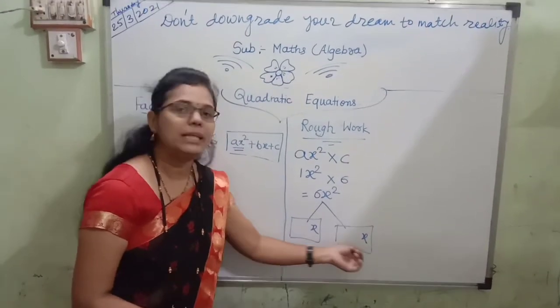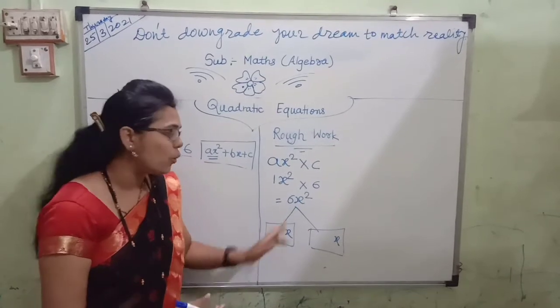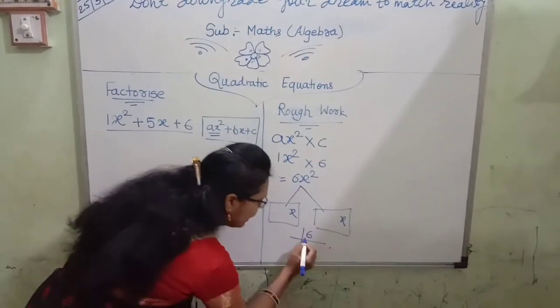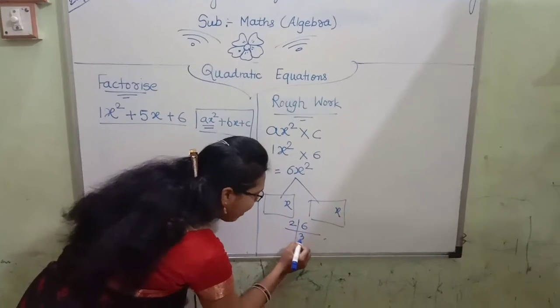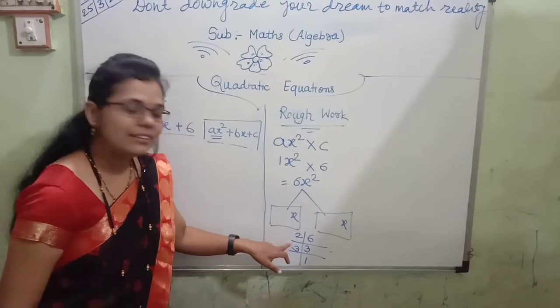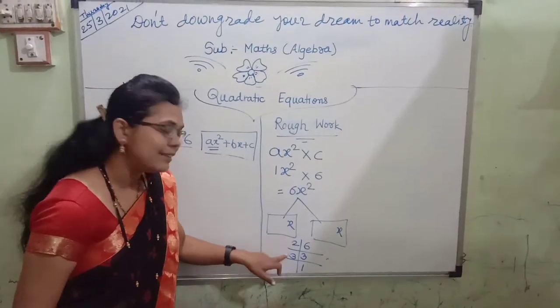Now I want to factorize only this 6. See children, 6 comes in 2's table. 2 threes are 6. So what are the factors of 6? 2 and 3.